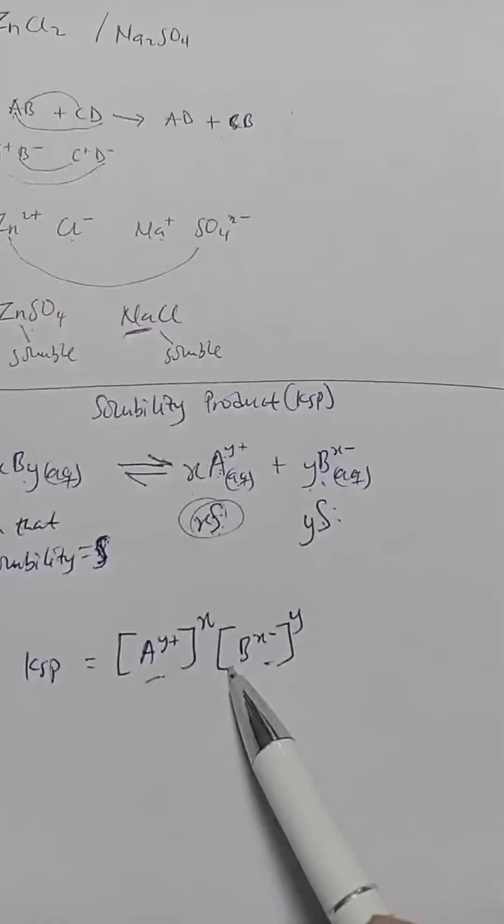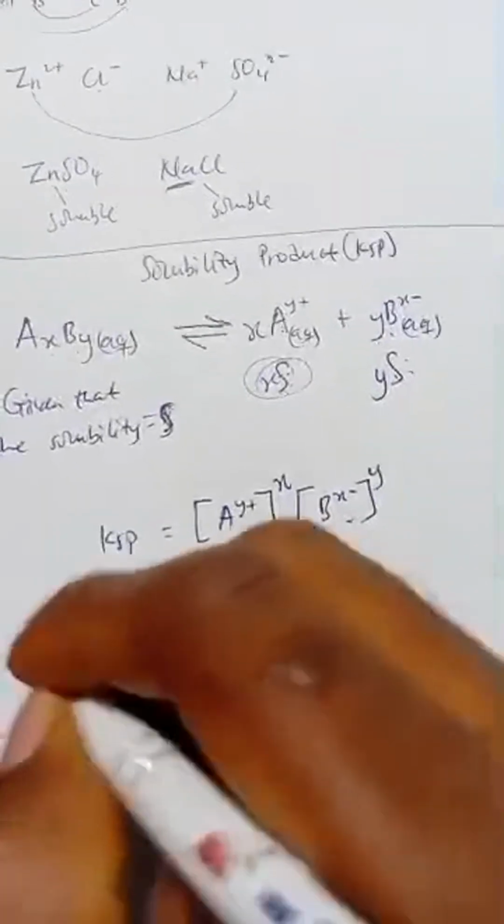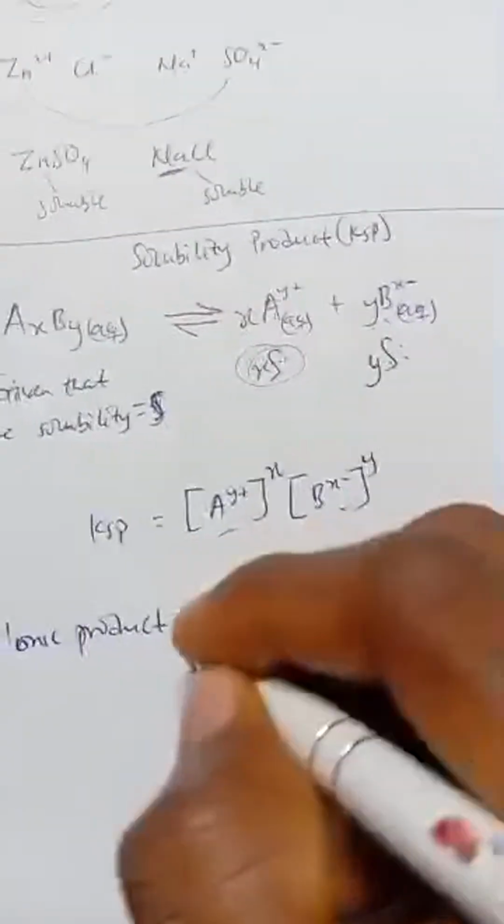But for ionic products, use the actual concentration in the solution. That's the difference between KSP and the ionic product. We'll solve questions right now, so everything will make sense.